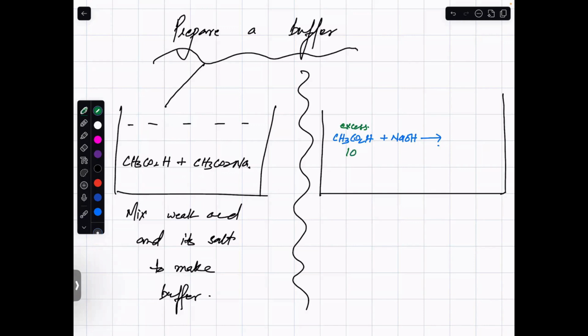Suppose there are 10 molecules of weak acid, and I'm deliberately adding 4 molecules of base. This is acid, this is base, they're going to react. Yes. The 4 base will react with 4 acid.